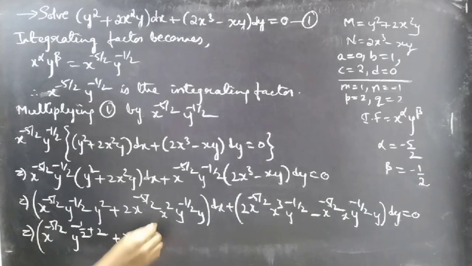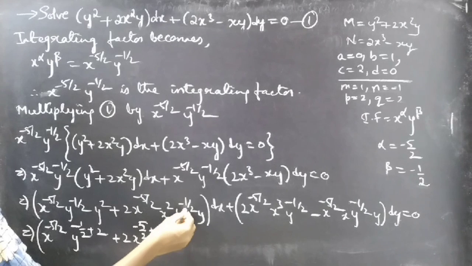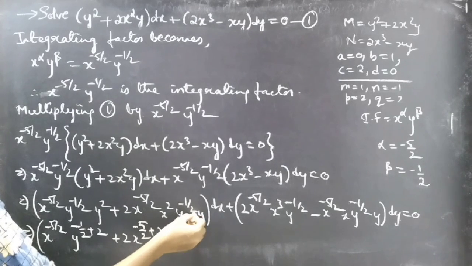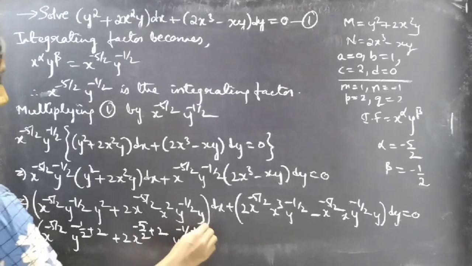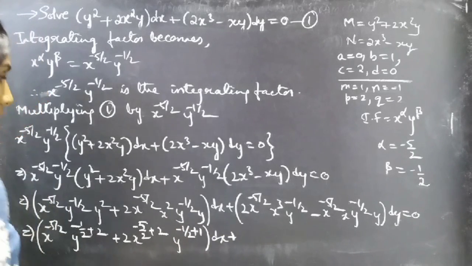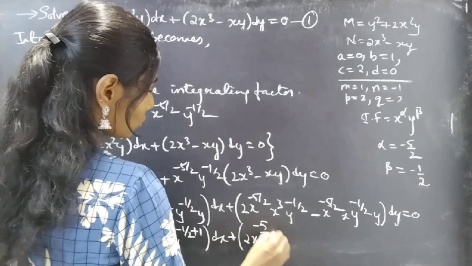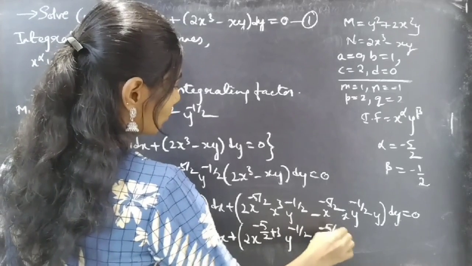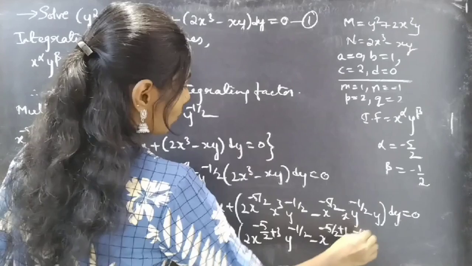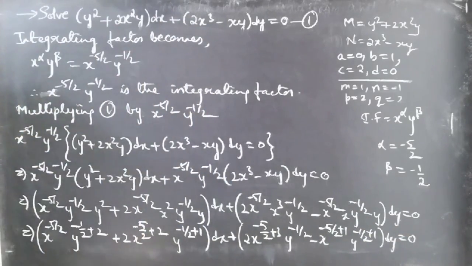Plus 2 into, we can write x^(−5/2) into x² as x^(−5/2 + 2), and y^(−1/2) into y can be written as y^(−1/2 + 1), just add the powers, plus 2 into x^(−5/2 + 3) y^(−1/2) − x^(−5/2 + 1) y^(−1/2 + 1) into dy equal to 0.